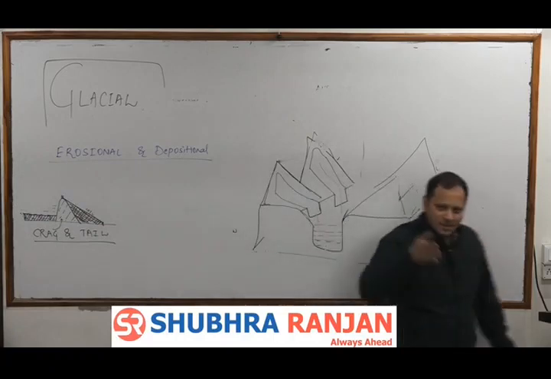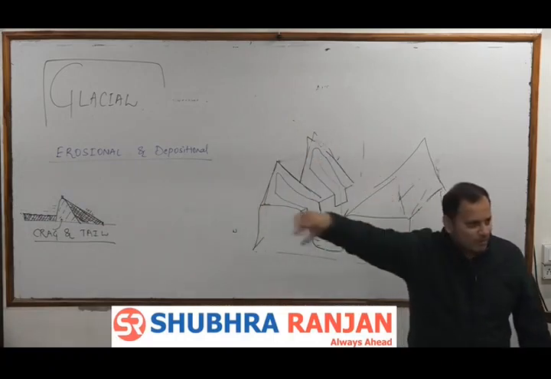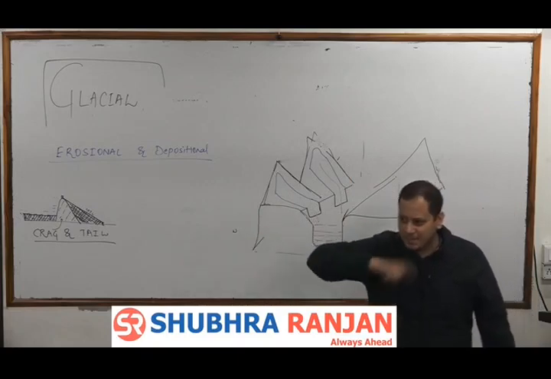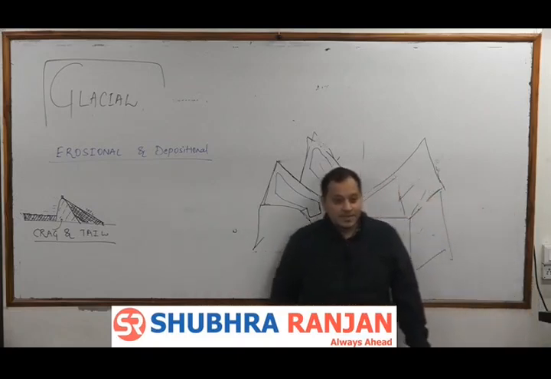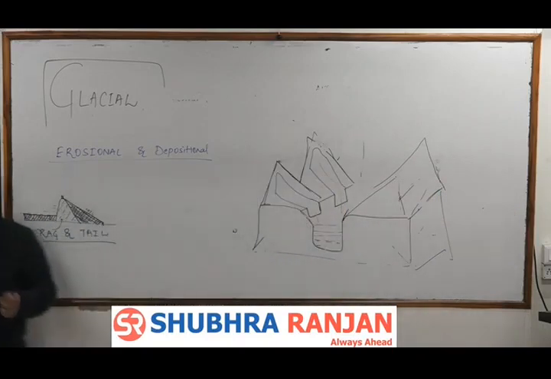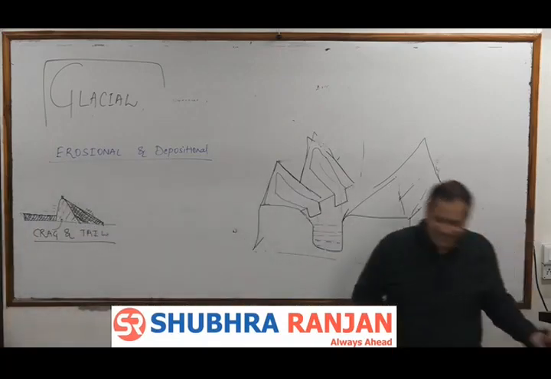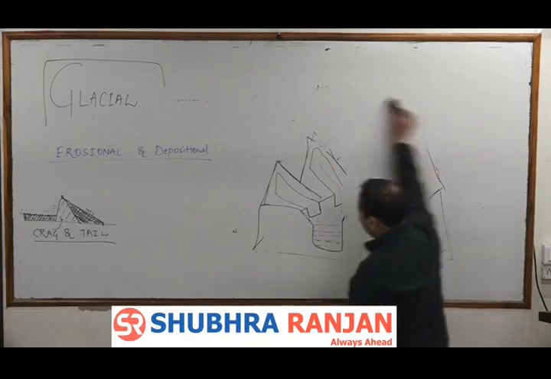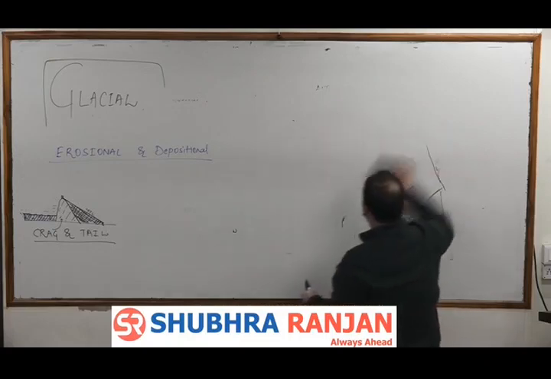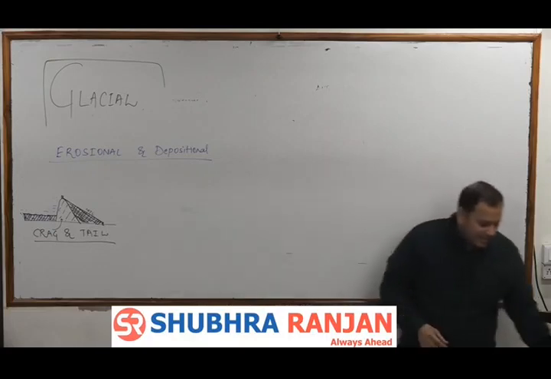There is Rajpath, which goes from India Gate to the President's House, and the rest of the road is Janpath. Lajpath is a market. So understanding this, the crag and tail topography.